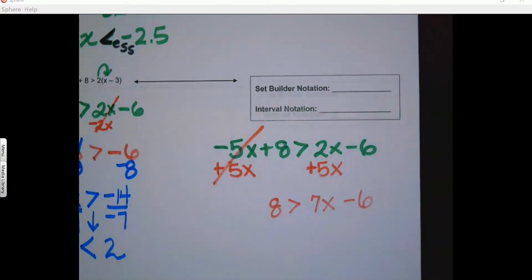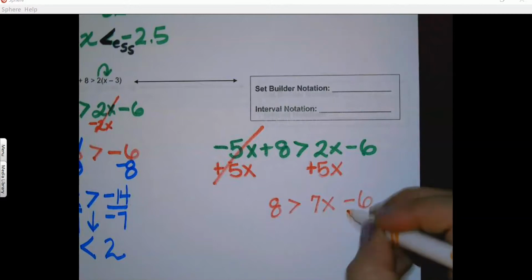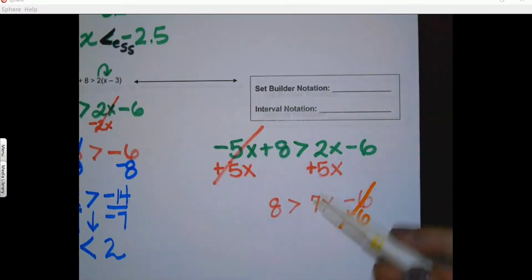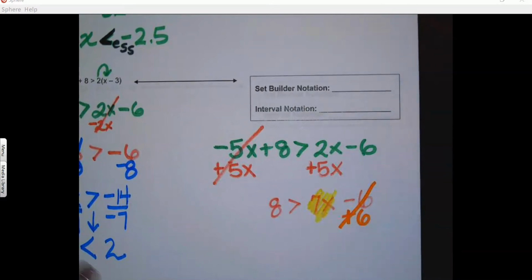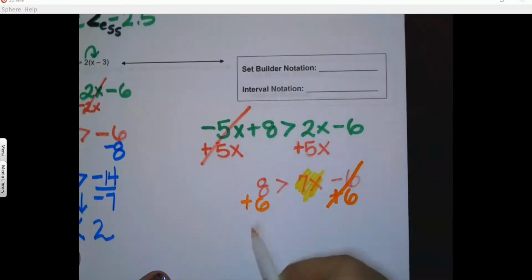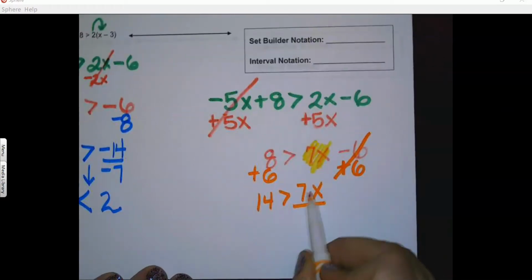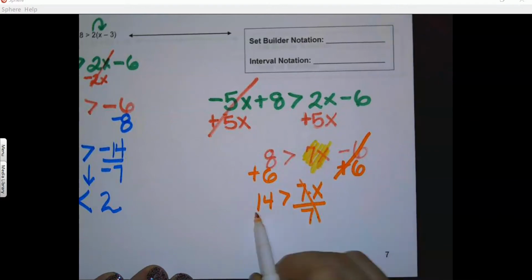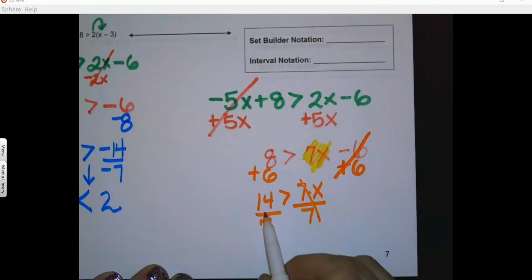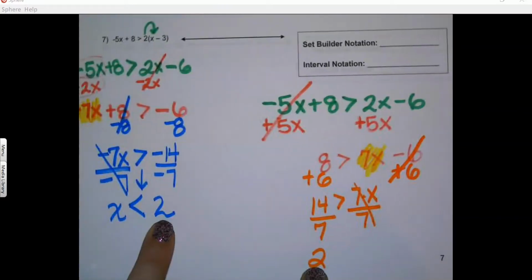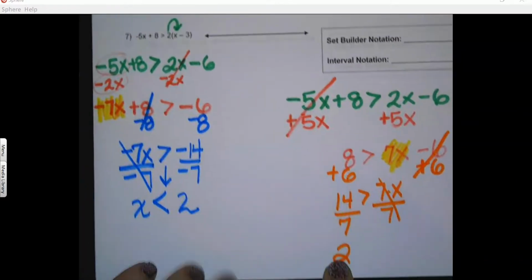Then I'm going to add 6 to both sides. I want to get the x all by itself. And then lastly, I divide by the number next to the x that's being multiplied. So I'm going to divide by 7. 14 divided by 7 is 2. So do you notice we get 2 either way we do it? We're getting the same answer here.